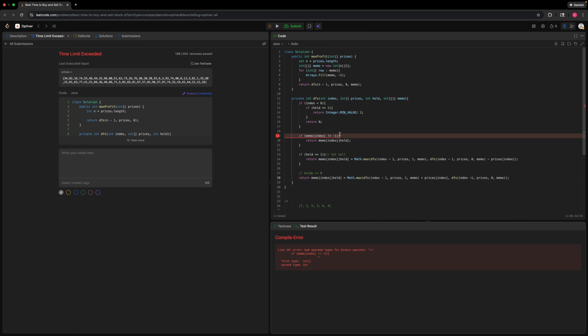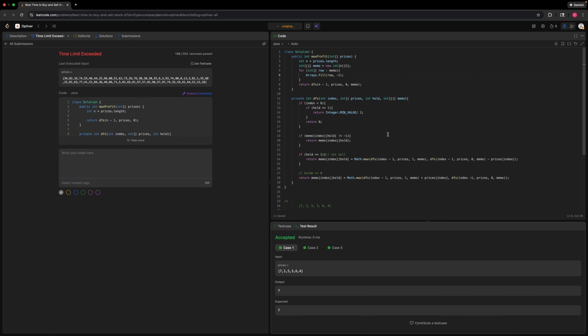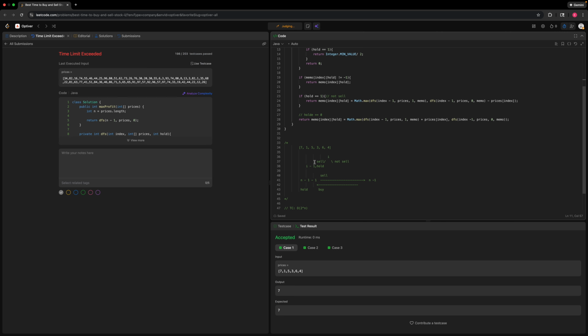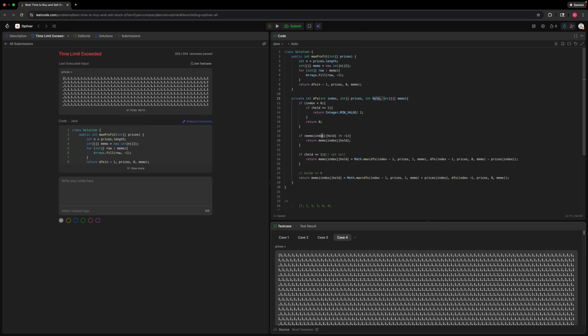Memory, fill the row. It should be working now, because hold is also a variable, which will impact the times here. Ooh, so many ones.